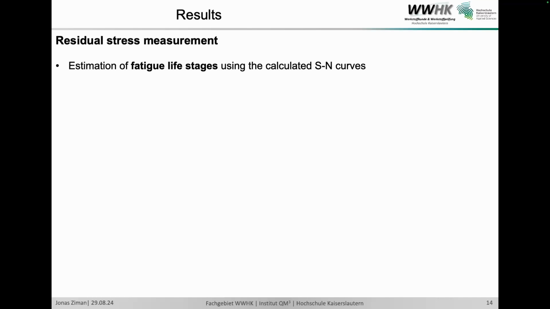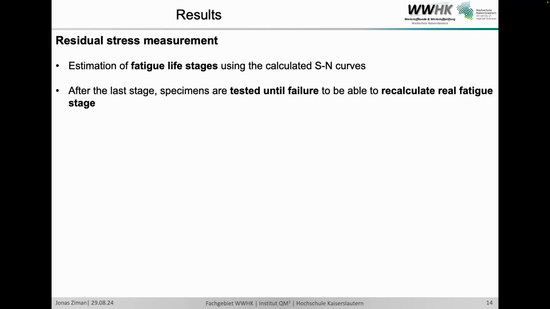Therefore, we estimate the different fatigue life stages according to our calculated SN curves. And after the last stage, the specimens were fatigued until failure to recalculate the real fatigue life stage. So if we wanted to start at 15% of the fatigue lifetime, afterwards we can say, okay, no, it wasn't at 15%, it was already at 23%.